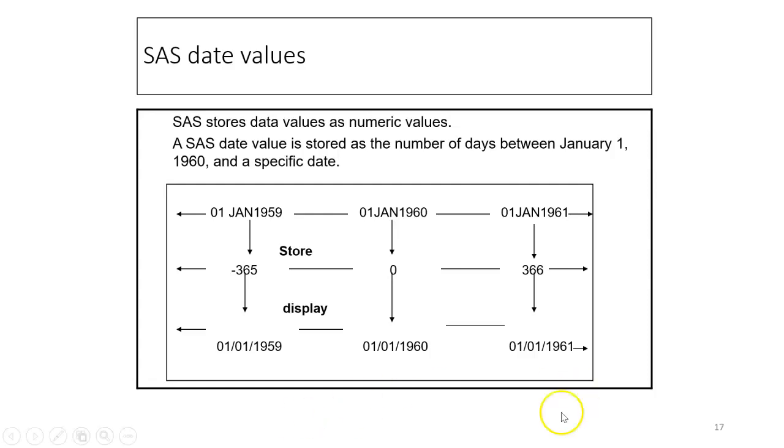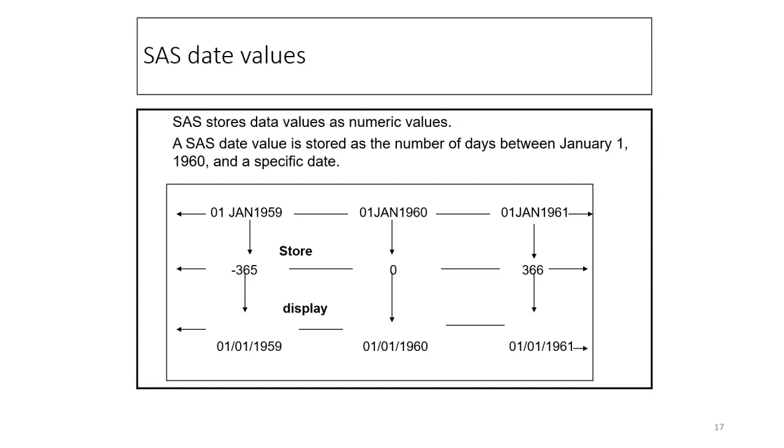So from 1st January 1960 to 1st January 1960, there are 0 days. From 1st January 1960 to 1st January 1961, it is going to store 365 days. And going backwards, to 1st January 1959, it will show minus 365 days. That means SAS stores the number of days between 1st January 1960 and any date.